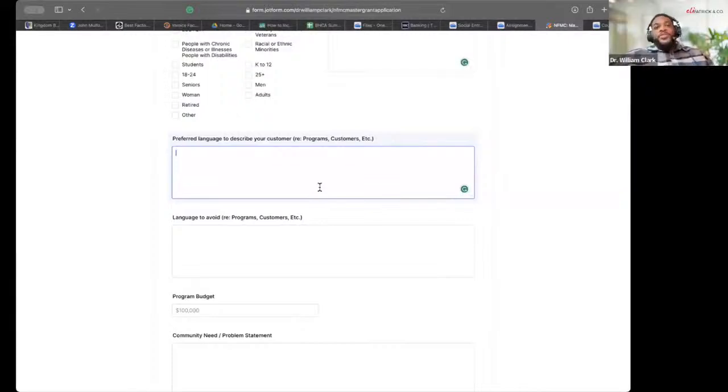So if you're going to use words like ex-con in your language, just understand that funders who are deep in this work, when they see that, know that you're not plugged in, because language continues to change and evolve. And of course, as I get further and further removed from certain operations or certain core projects, the language that's being communicated in this video may not be relevant. So be mindful of the evolution of language.